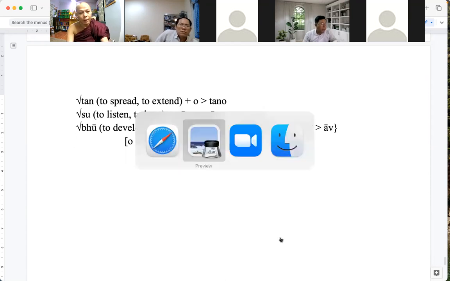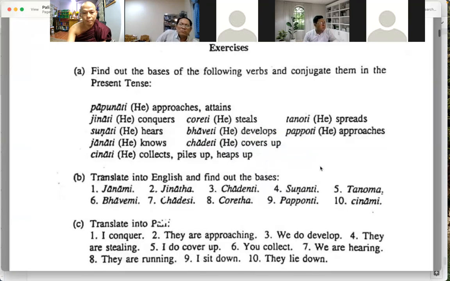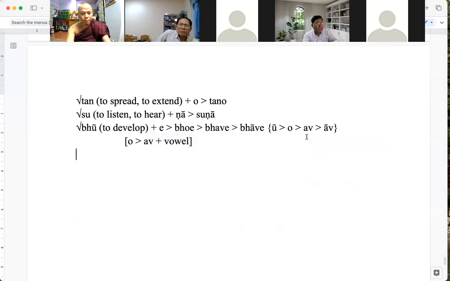Okay, and then next rule is pappoti. So pappoti. In this pap is special one. Pappoti. In the pappoti, if we remove this ti, so base is pappo.